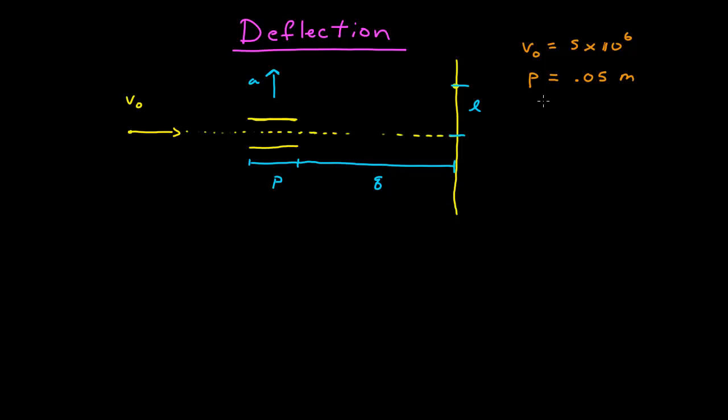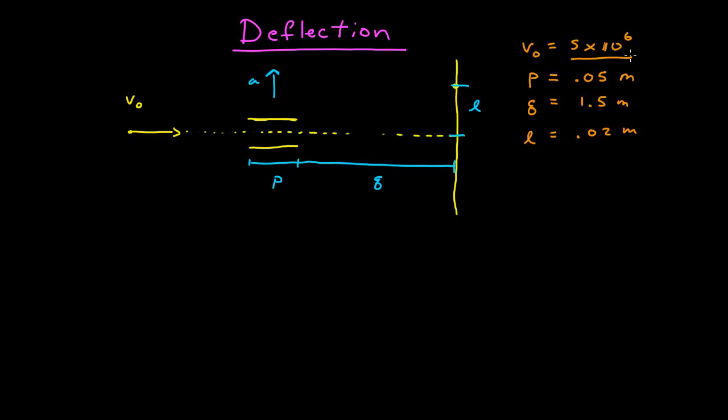We're going to say the distance from the exit to the screen is more like 1.5 meters. And we want to deflect it around 2 centimeters, so that gives us 0.02 meters.